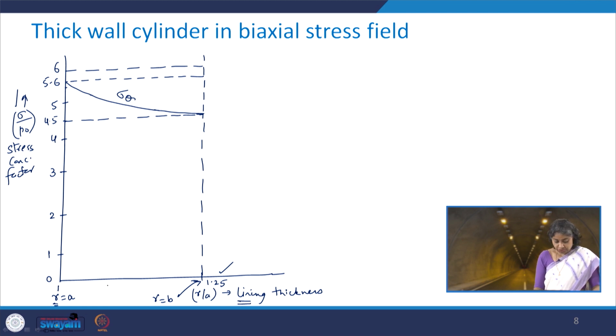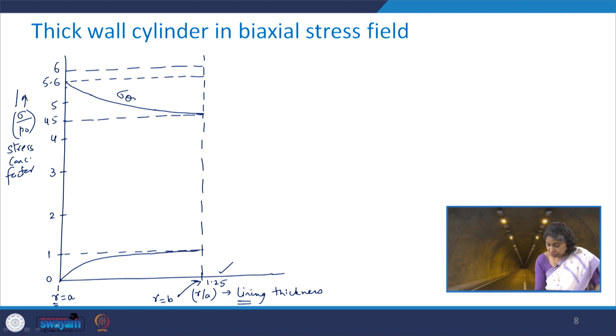Similarly, if we try to draw the variation for sigma r, so at r equal to A, that was equal to 0, and for r equal to B, that was equal to 1. So, this is how the variation for sigma r is going to be.